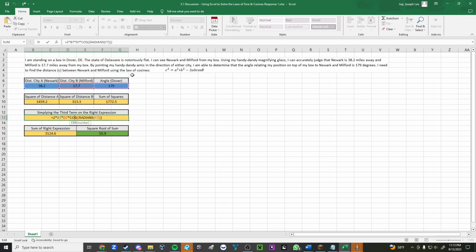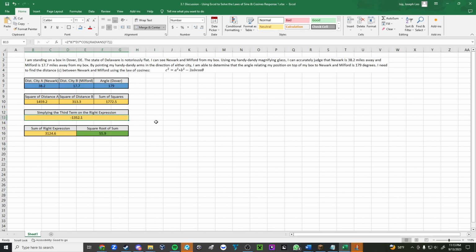And because Excel always deals with radians when it comes to angles, we have to convert this degree to radians. So that's why we have this radians function here, which references F7. So going backwards, we're putting 179 into this radians function to get the radian equivalent, finding the cosine of that radian equivalent, and then multiplying it by D7 and B7 and 2.